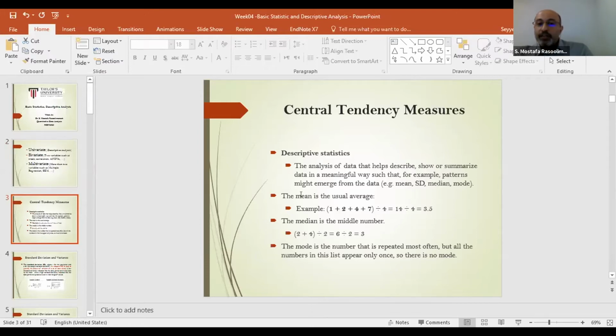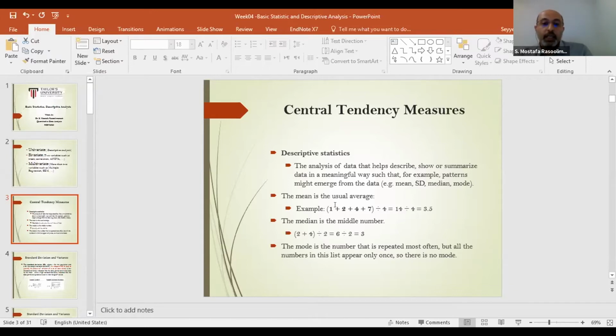Under univariate or descriptive analysis, we have three basic concepts under descriptive statistics, especially when we are working with a continuous variable or an ordinal variable. The continuous variable means interval, ratio, or scale variables.